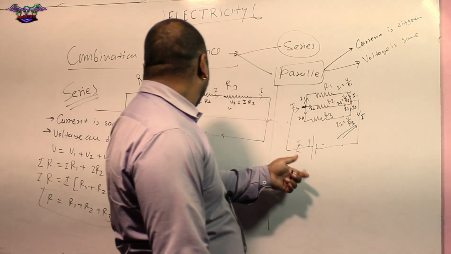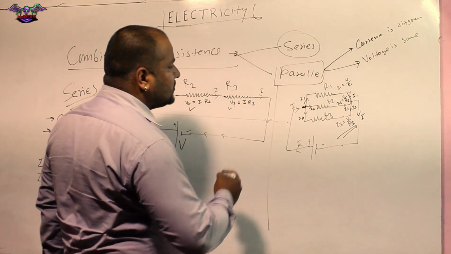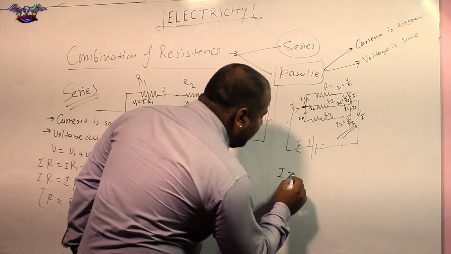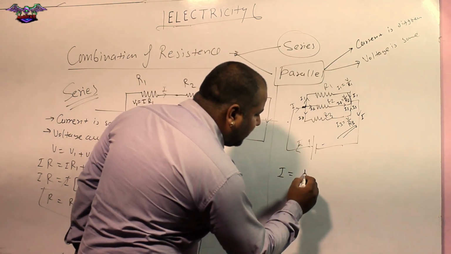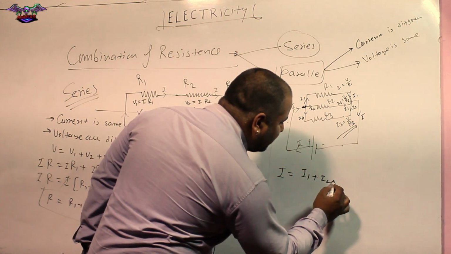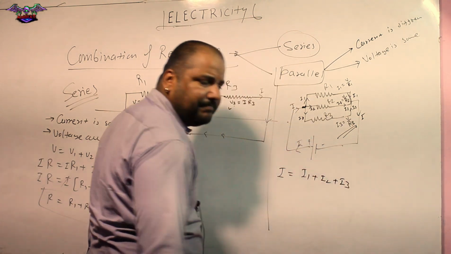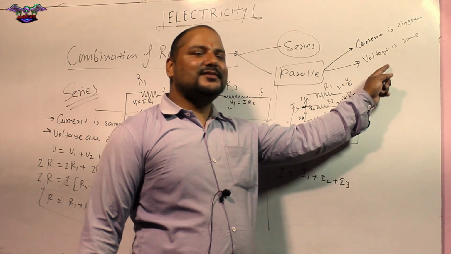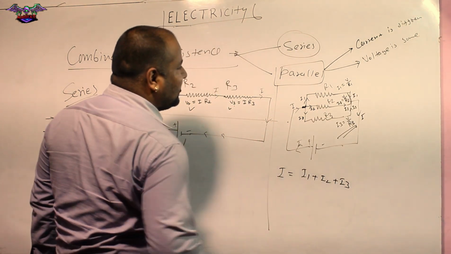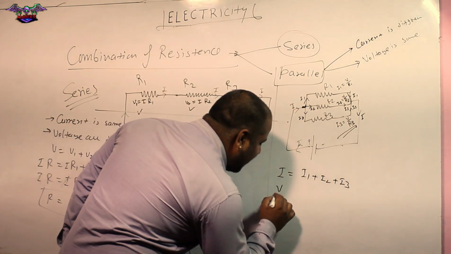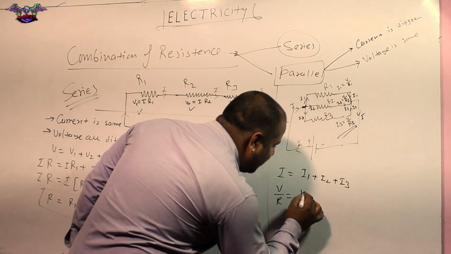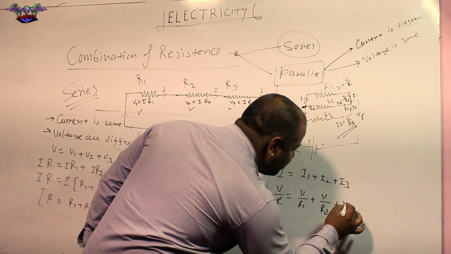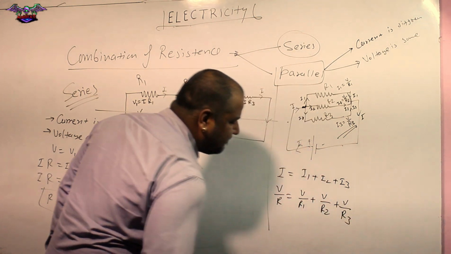The same calculation will be here also. Current is different, so I equal to I1 plus I2 plus I3. Current is different but voltage is the same. What is the value? I equal to V upon R equal to V upon R1 plus V upon R2 plus V upon R3.